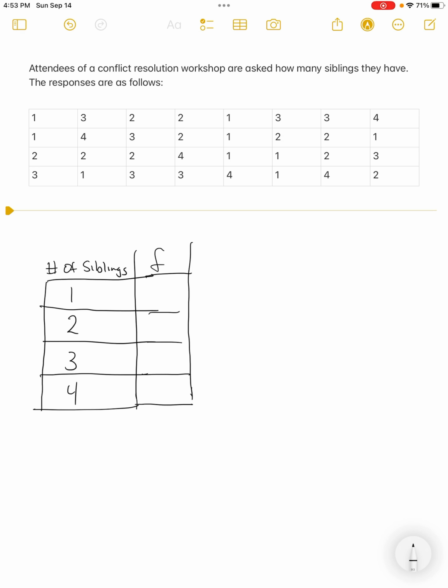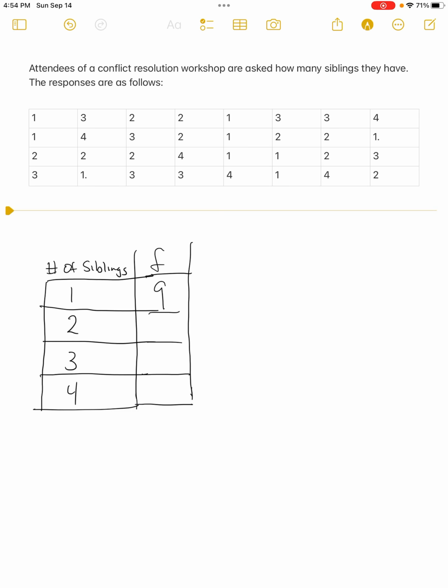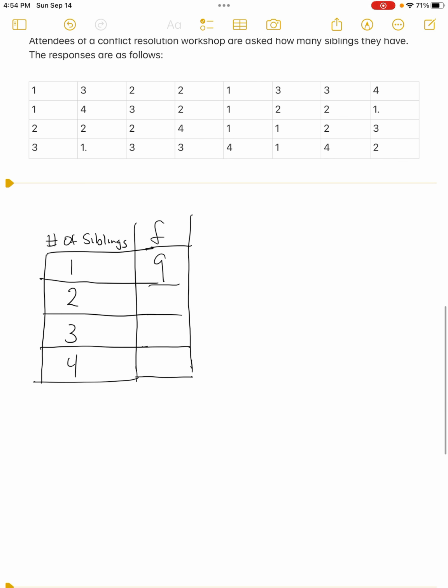And remember, frequency is a count. So in this case, it's very easy to skip somebody, so we want to be really careful. We've got to count the number of 1s, then count the number of 2s, and so forth. So let's try to do that pretty carefully. We got a 1, counting the 1s: 1, 2, 3, 4, 5, coming through here, 6, 7, 8, 9. Looks like I have 9 number 1s.